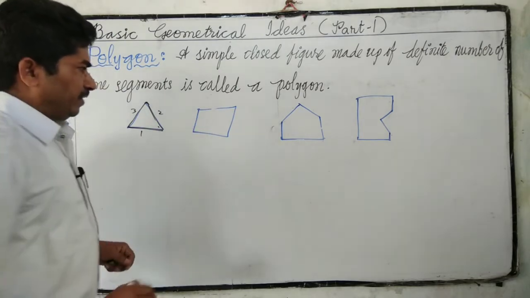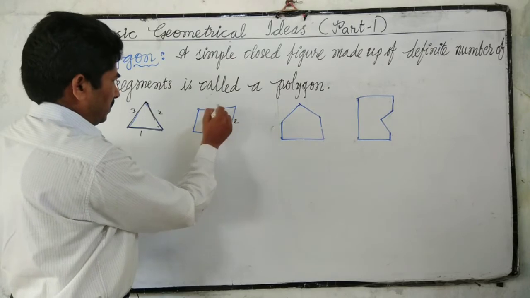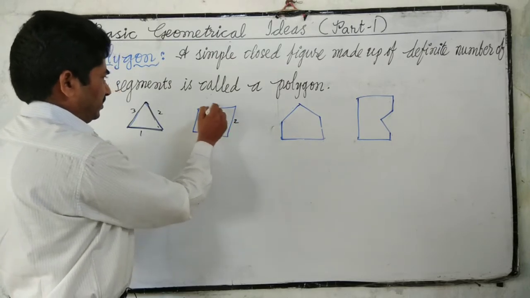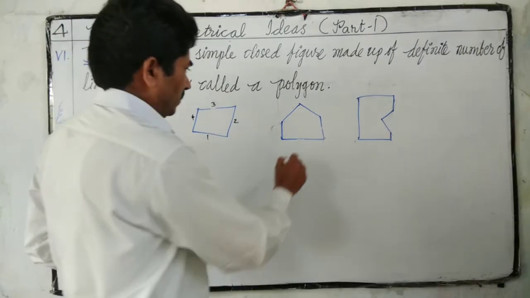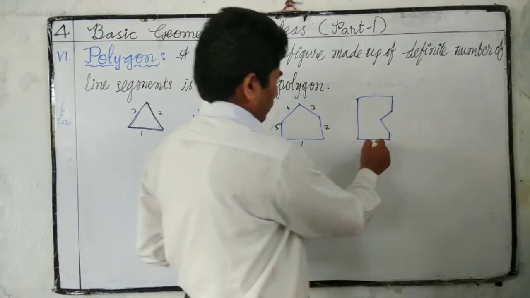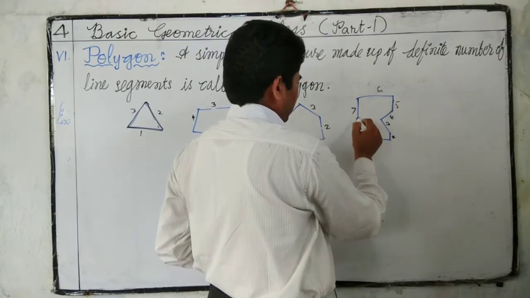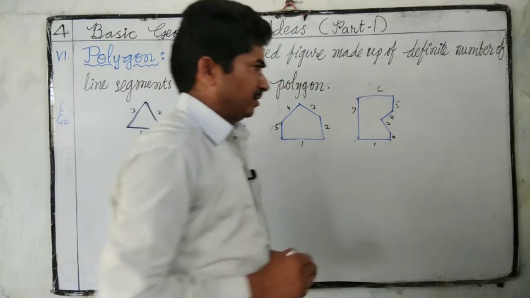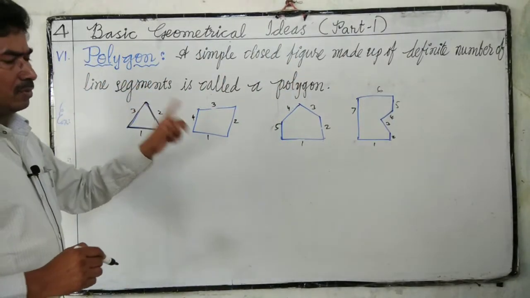This is a closed figure with a definite number of line segments, 4, 5. And this one has 7 line segments. So these all are examples of a polygon.